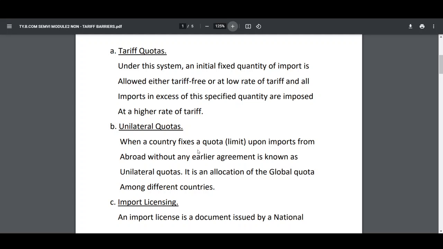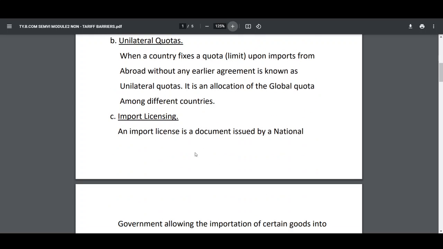When a country fixes a quota, meaning a limit upon imports from abroad, without any prior agreement, it is known as unilateral quotas. It is an allocation of the global quota among different countries. Quota means limit upon imports from foreign countries.